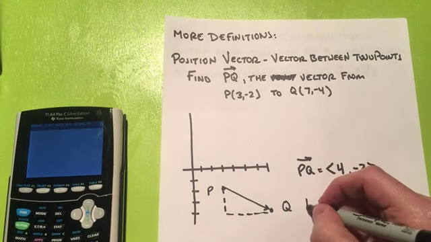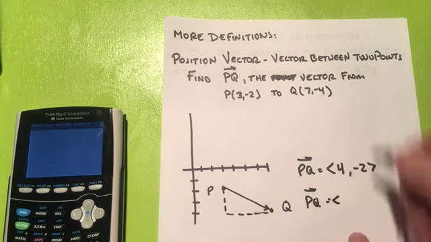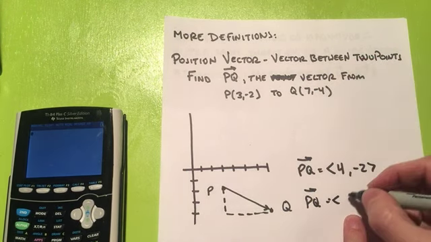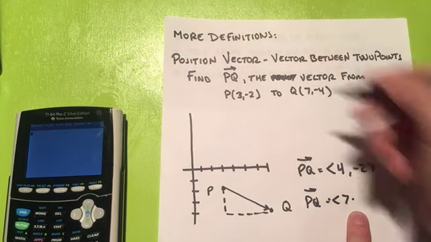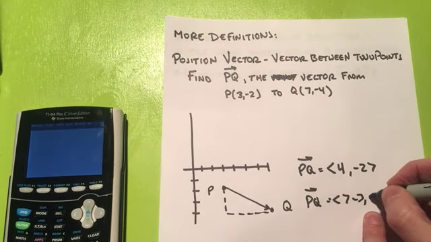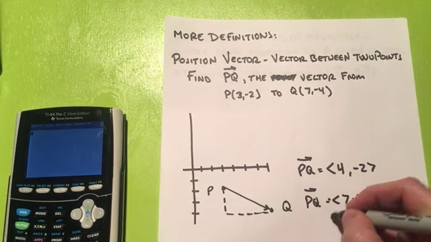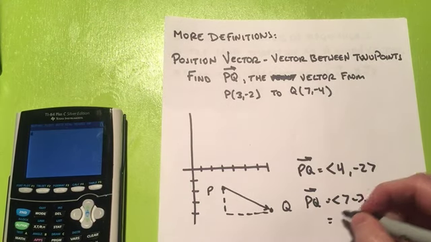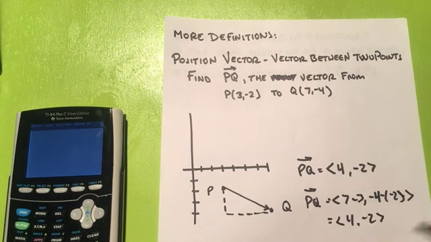Another way we could have gotten that is if we take the y2 value, we subtract, the x value, 7, subtract 3, -4, subtract -2, and we have the position vector, once again, 4, -2.